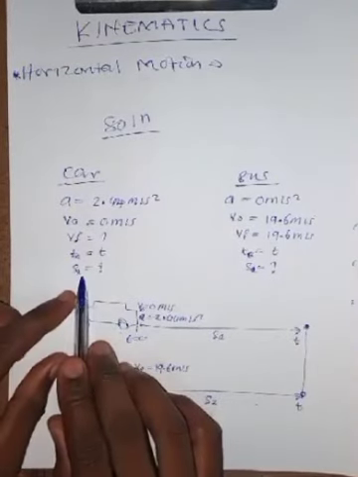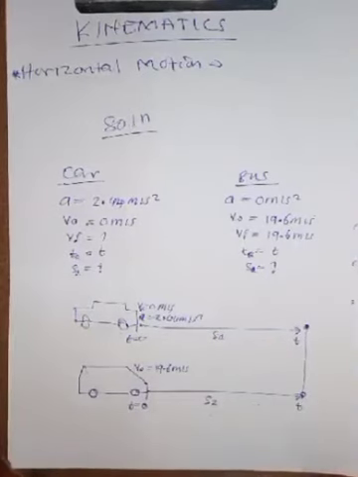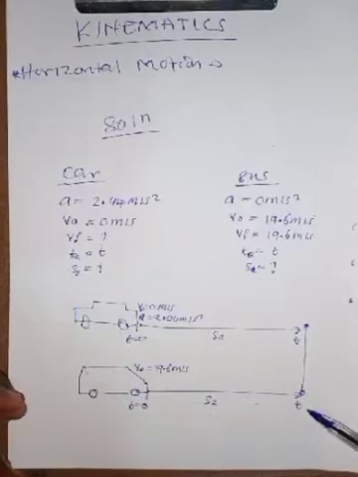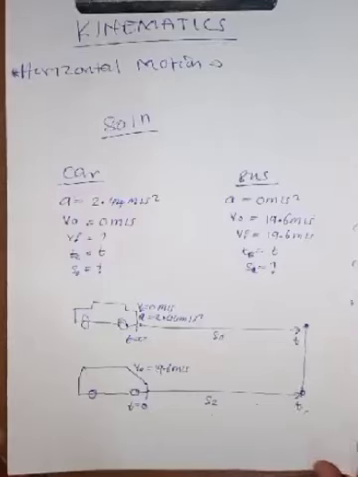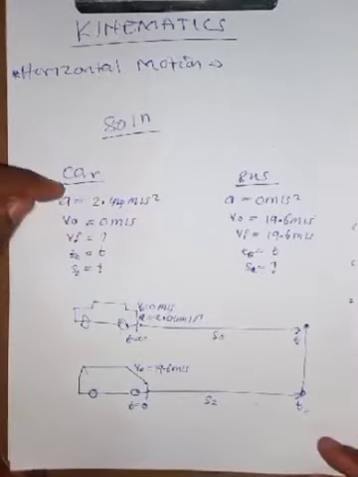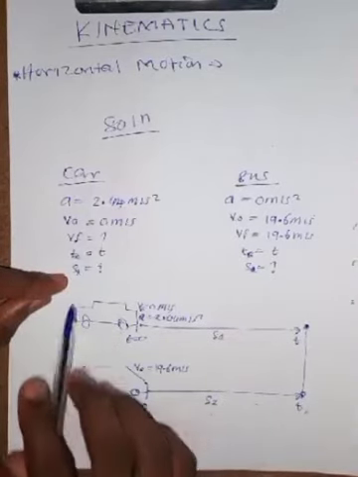Then the displacement for the car and the displacement for the bus are also the same. They cover the same displacement within the same time. I think you can see that one. So from that, we are now supposed to come up with an equation that is going to satisfy all this information that we have in here.